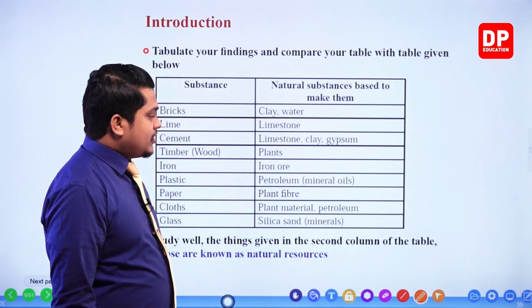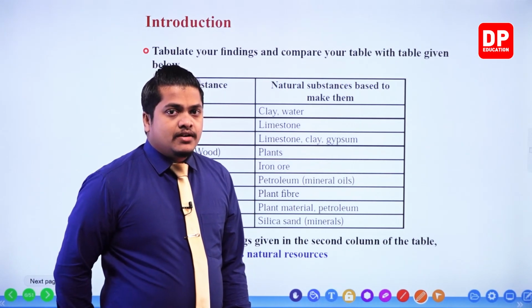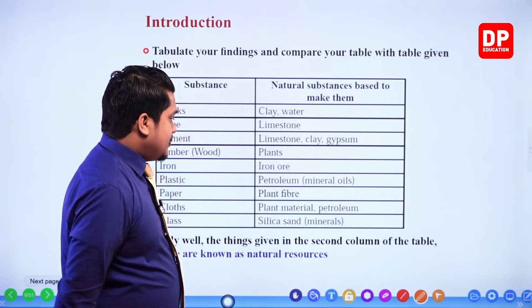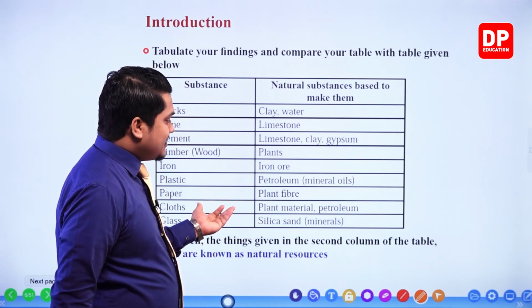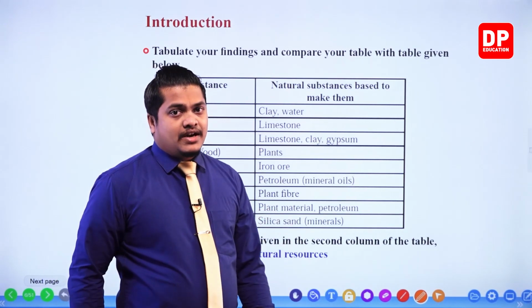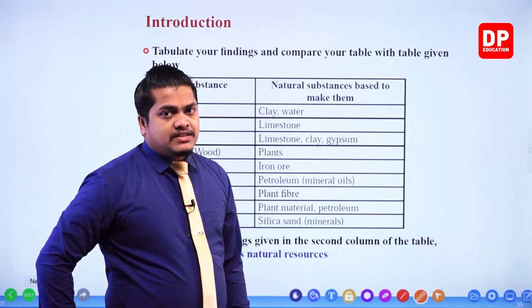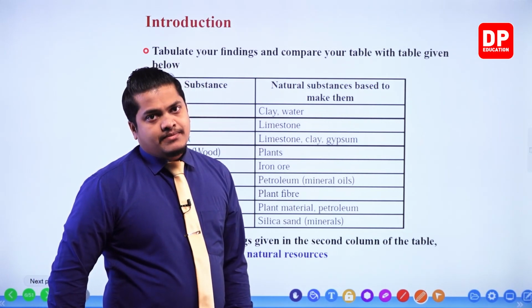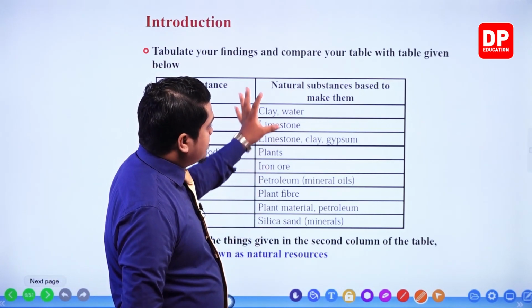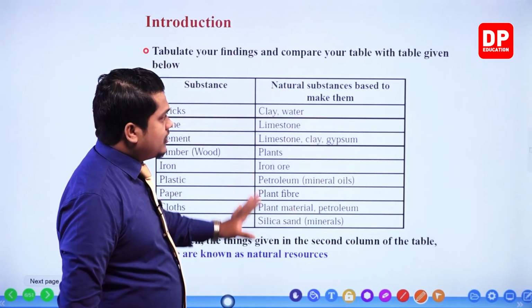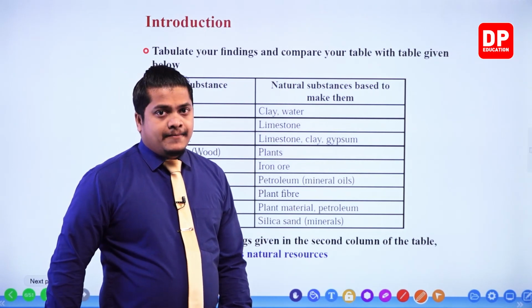So petroleum, once again we dig up the earth to get petroleum, right? Then plant fibers, then plant materials, then silica sand, like minerals, different kinds of minerals. All of these things are naturally occurring substances within our planet Earth. So all of these substances can be considered as natural substances, right?